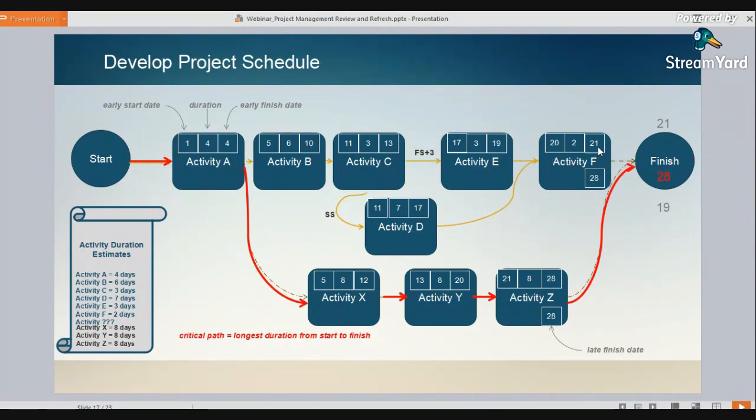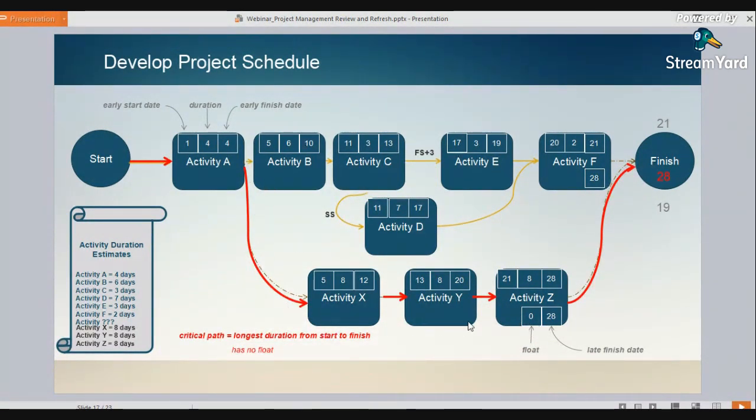Hey, it's planned to complete by the 21st, but you have flexibility because it doesn't have to be finished by the 21st in order to complete the project on time. On-time delivery is dictated by your critical path.